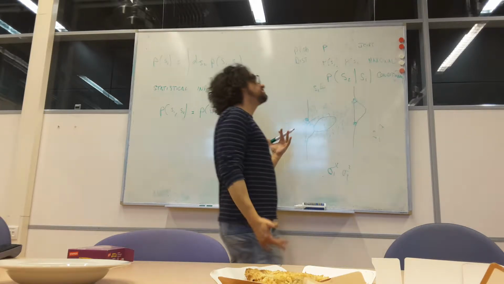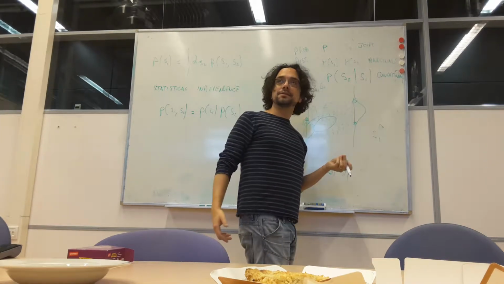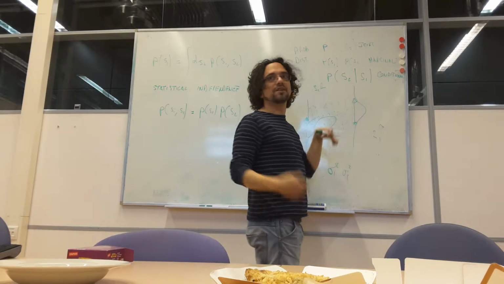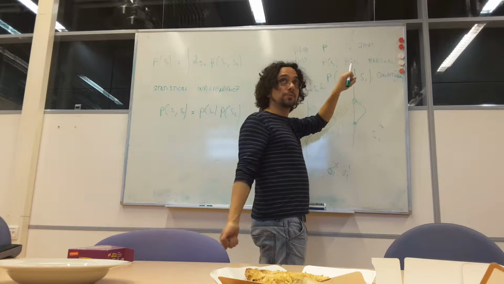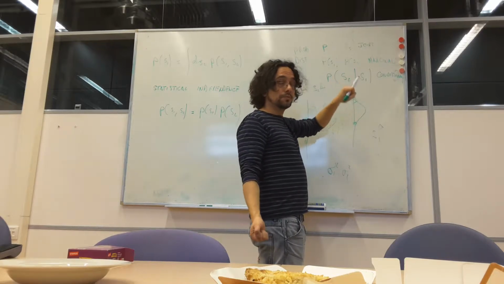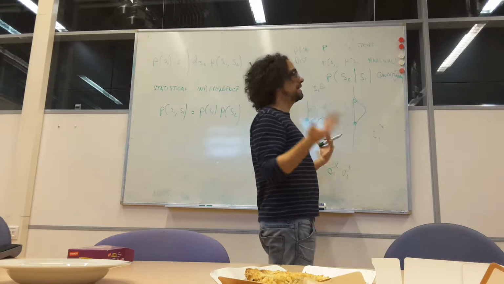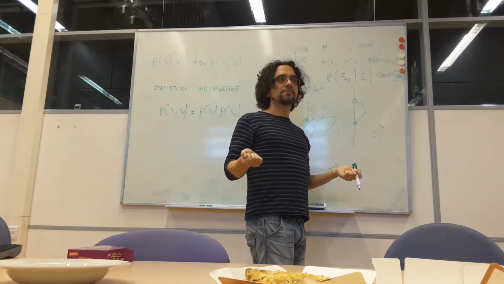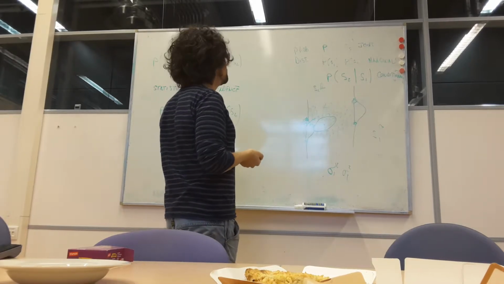Now, in the case in which S1 and S2 are independent, what I want is that this function is trivial and doesn't change when I change S1. Because that's the statistical way to say S2 doesn't care about S1.